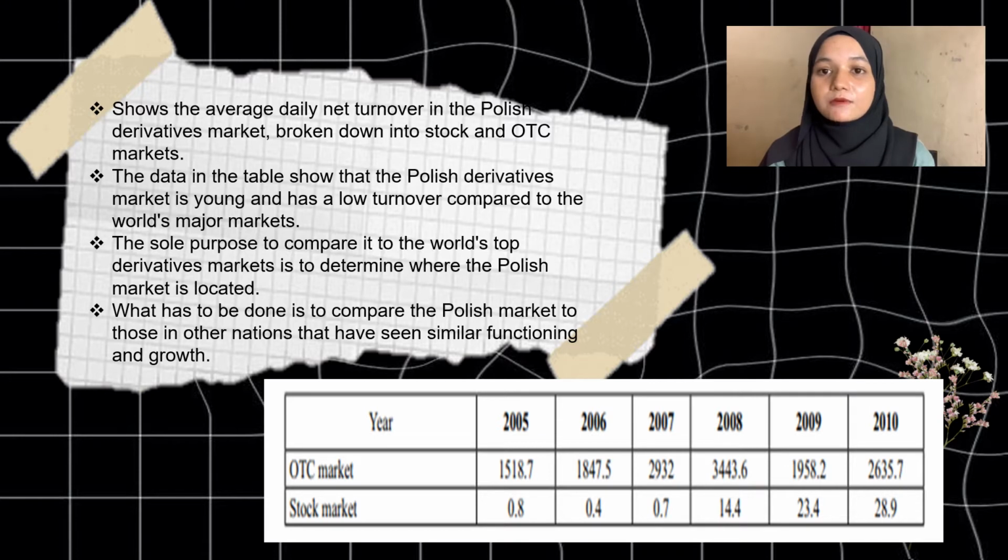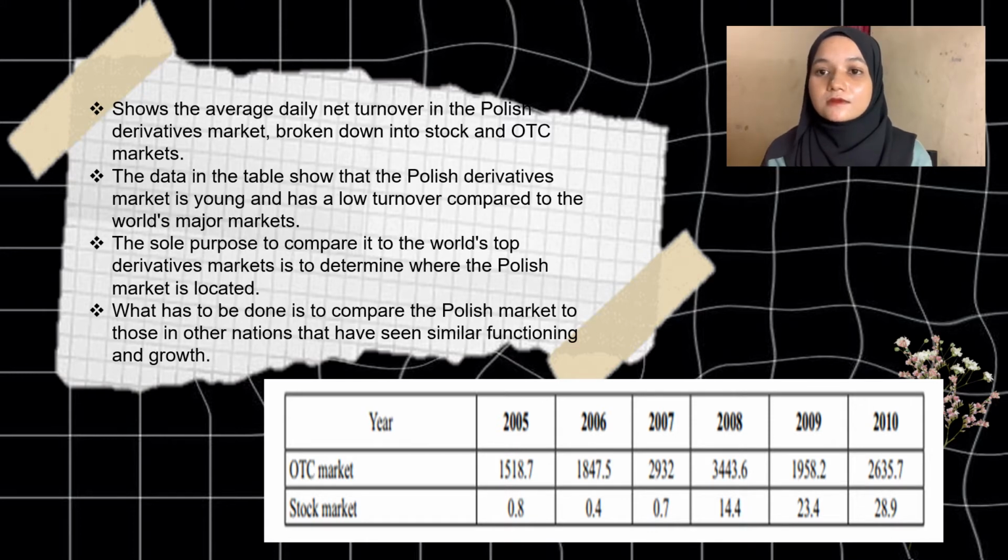The Polish derivative market is young and has a low turnover compared to the world's major markets. The sole purpose of comparing it to the world's top derivative markets is to determine where the Polish market is located. What has to be done is to compare the Polish market to those in other nations that have seen similar functioning and growth.